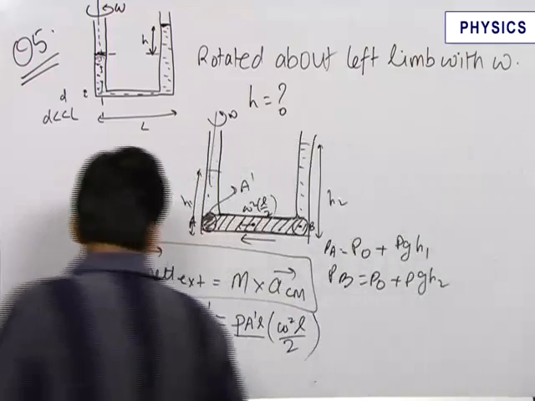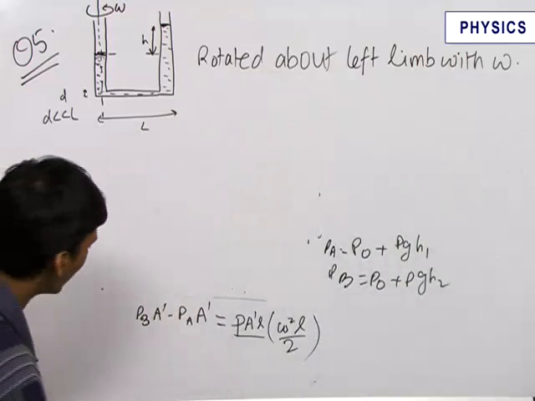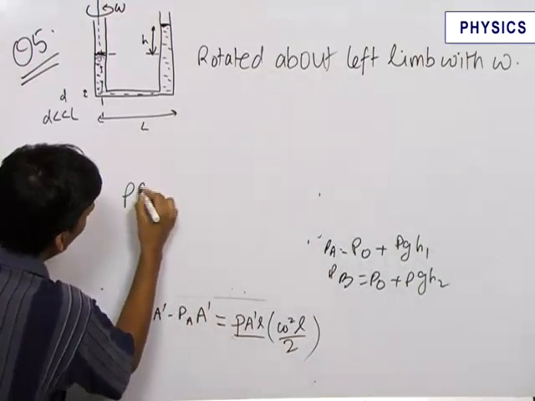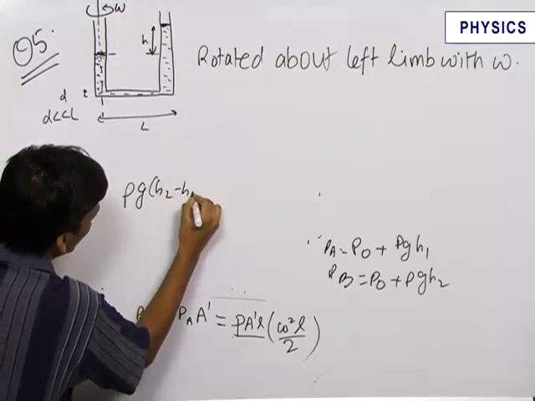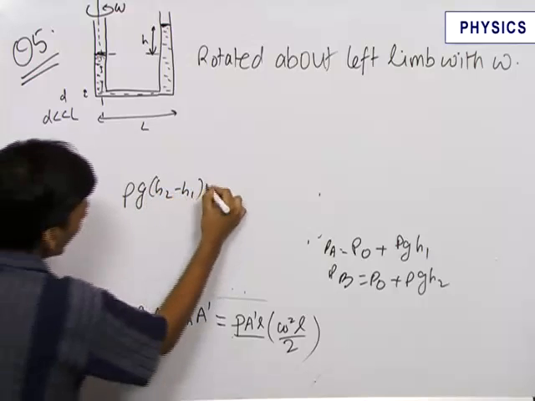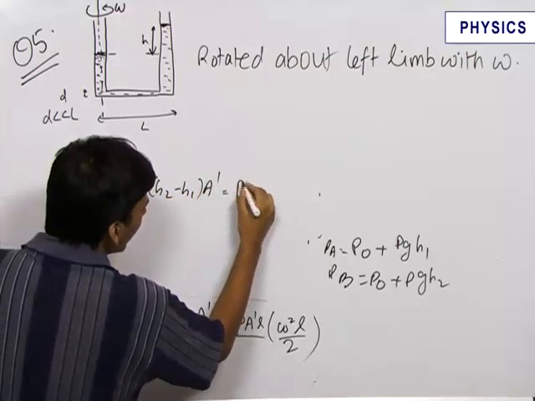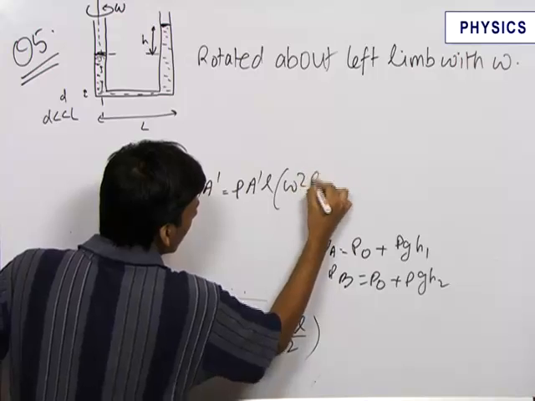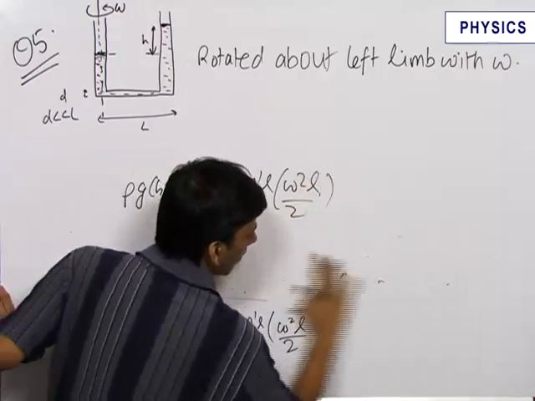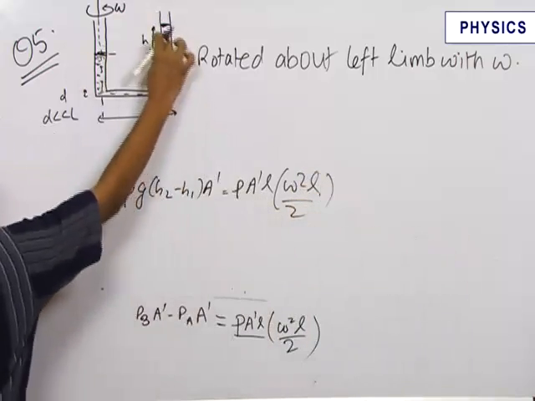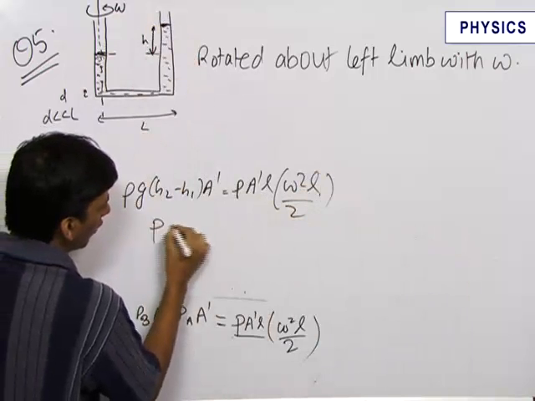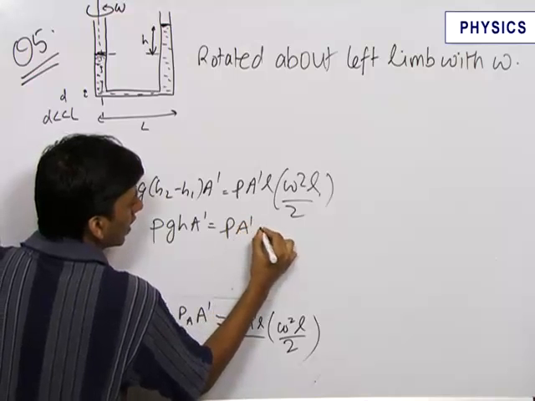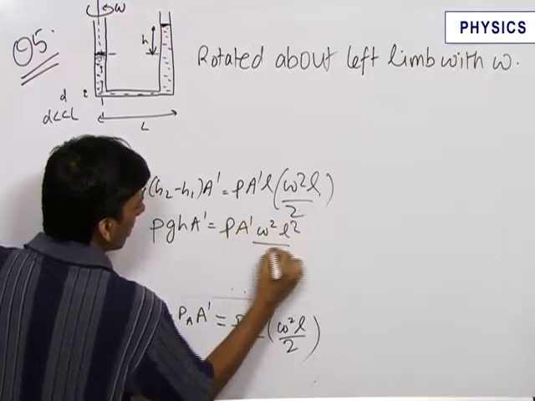Now we substitute the values of PB minus PA. PB minus PA comes out to be rho g (H2 minus H1) into A dash, which is equal to rho A dash into L into omega square L by 2. H2 minus H1 is equal to H. Therefore, rho g H A dash is equal to rho A dash omega square L square by 2.